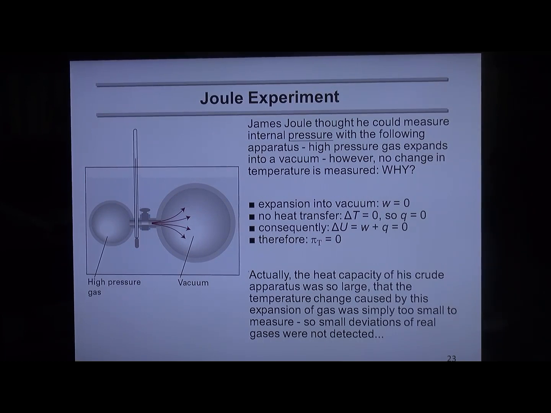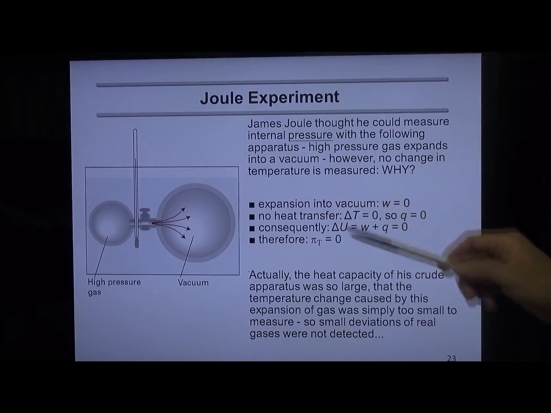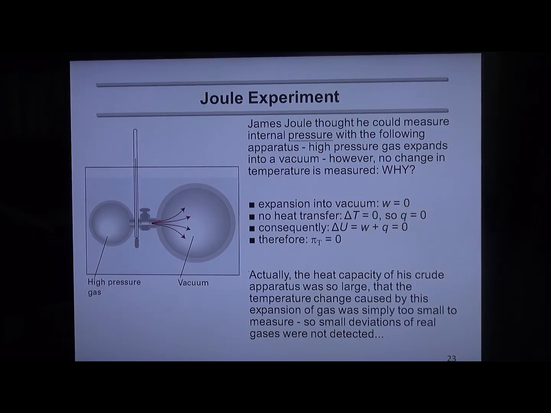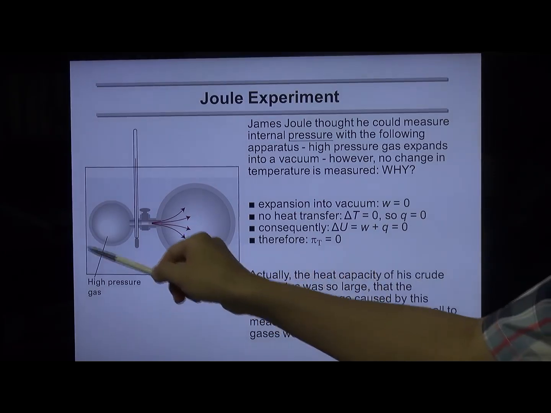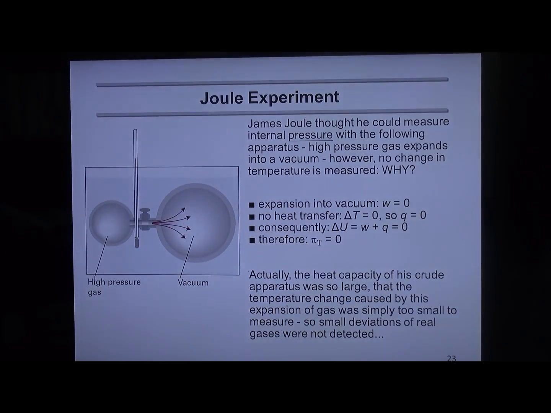But actually, his experiment was flawed. He could not measure the temperature change, but there should be a temperature change. The problem is he used water here, right? Water has a very high heat capacity.